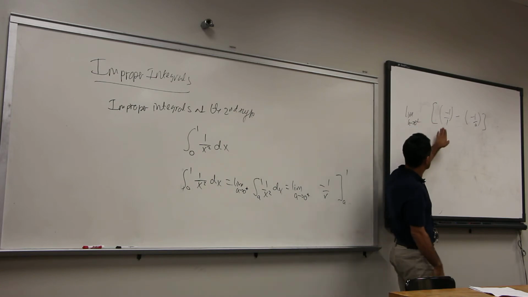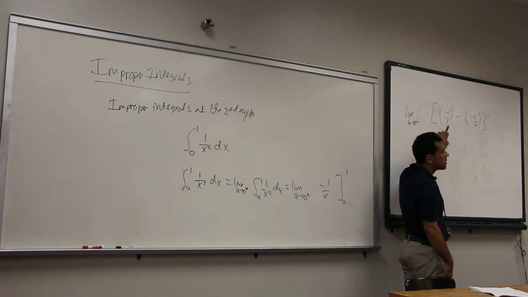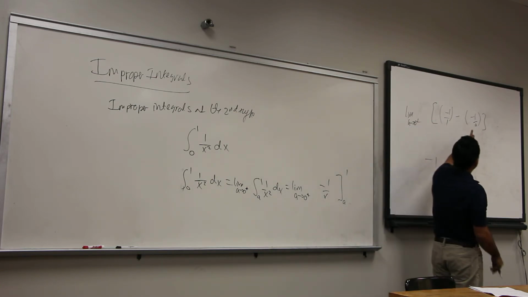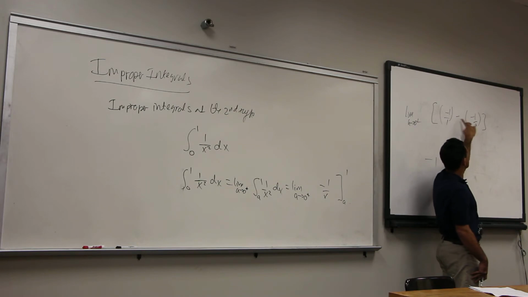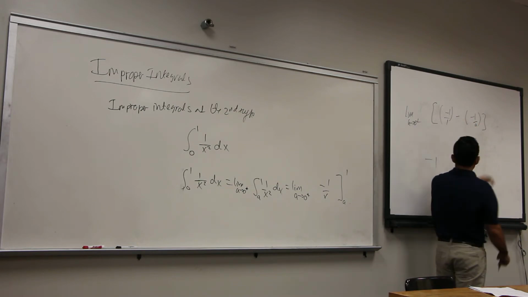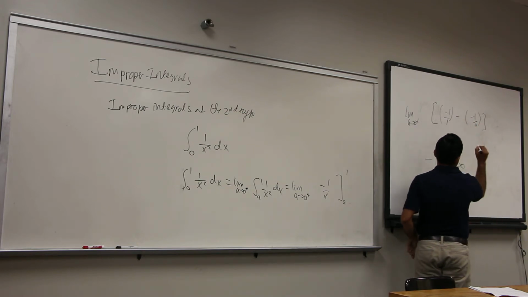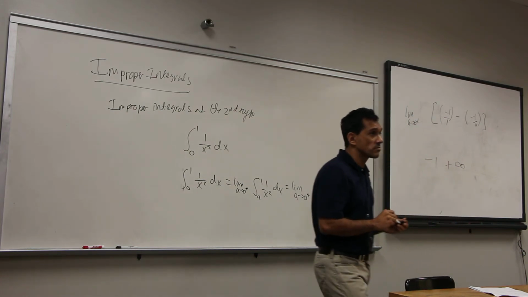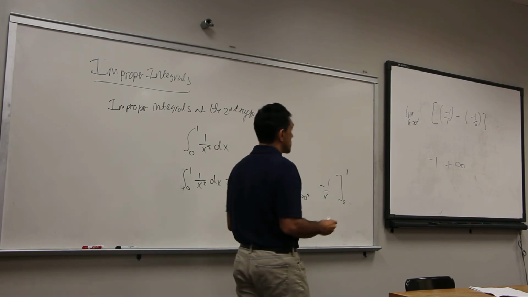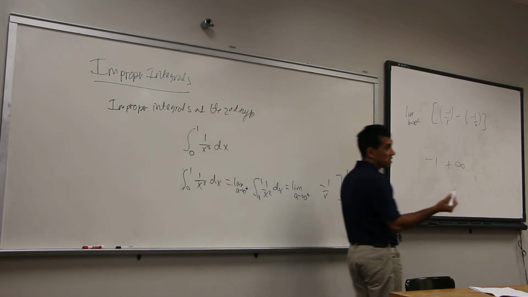As a approaches 0 over here, what do you get? Infinity. Negative 1 over a goes to negative infinity, and negative times negative gives plus infinity. So this is divergent.